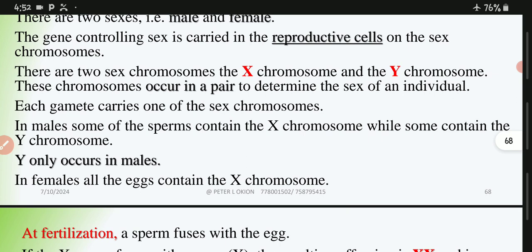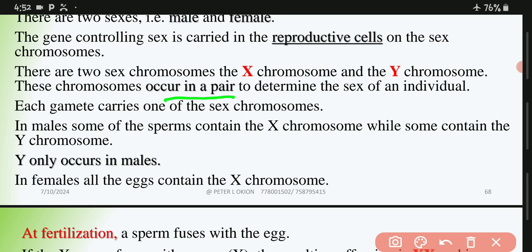We are saying that there are two sex chromosomes, the X chromosome and the Y chromosome. These chromosomes occur in a pair to determine the sex of an individual.